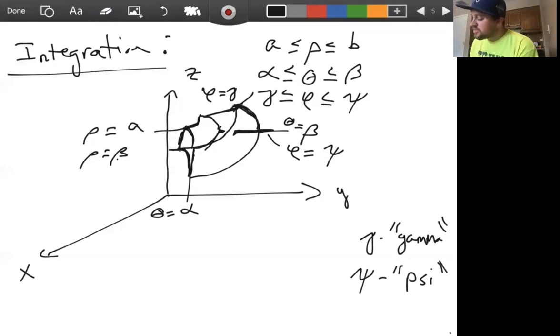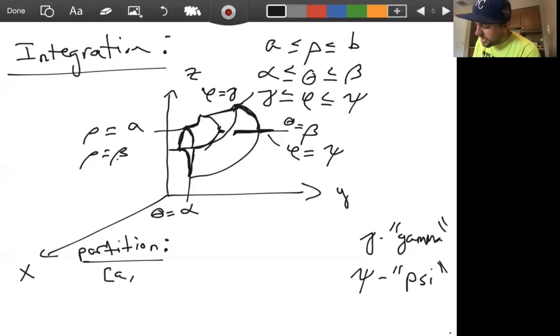Okay, and so now we want to partition all of these. So let's partition, right, because we want to find the volume of this spherical box. And so we're going to partition AB, let's partition this into L subintervals.